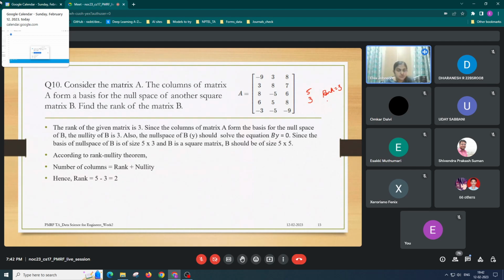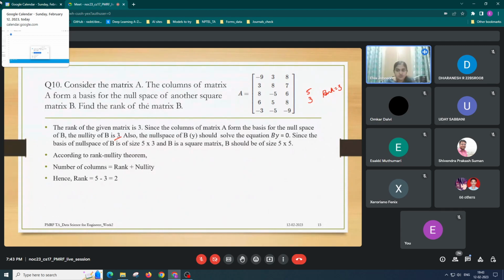Okay. So if you try to form a basis for this matrix A, and since the columns of matrix A form the null space for B, the nullity of B will be 3.